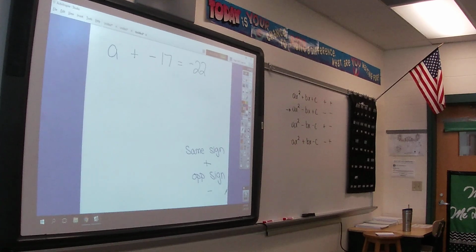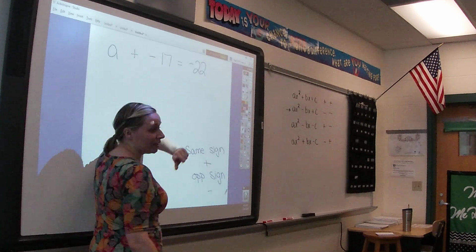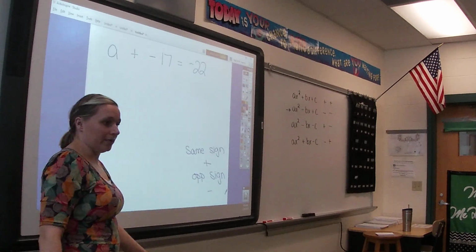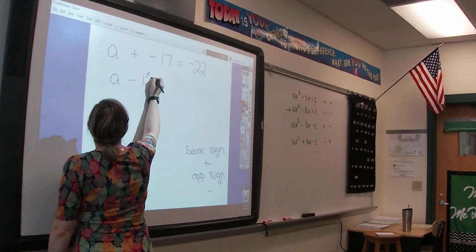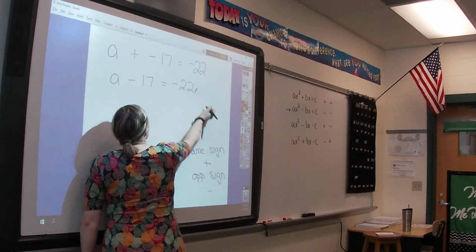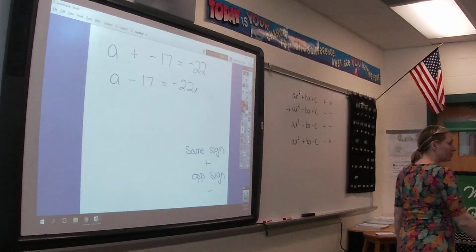If you know your multiplication rules, that's exactly what we're doing. A positive times a negative is a negative, right? These are opposite signs, so we can just write this with one sign in there.